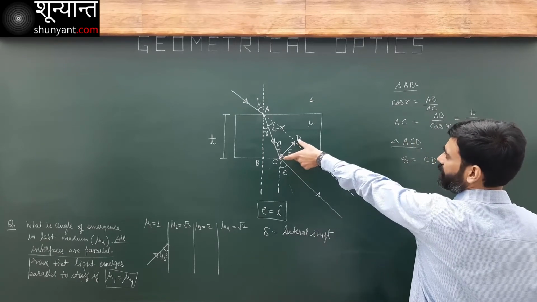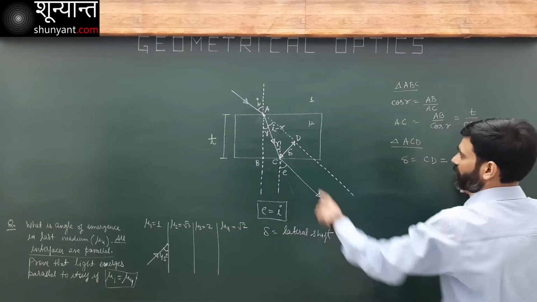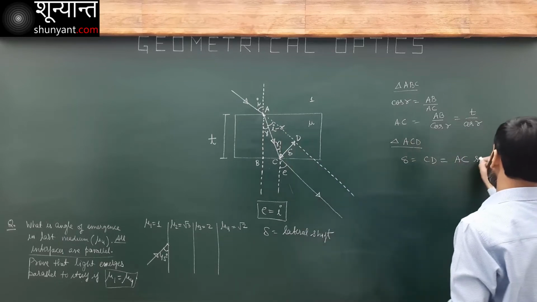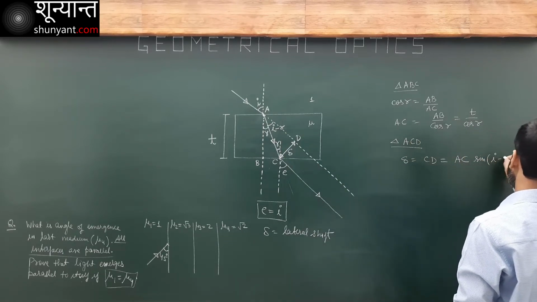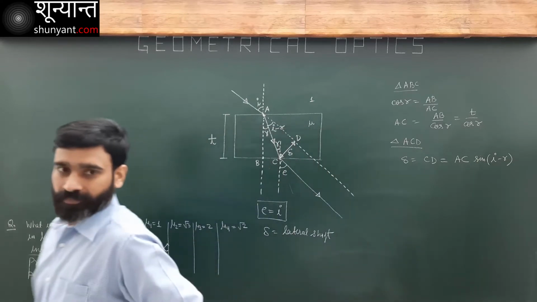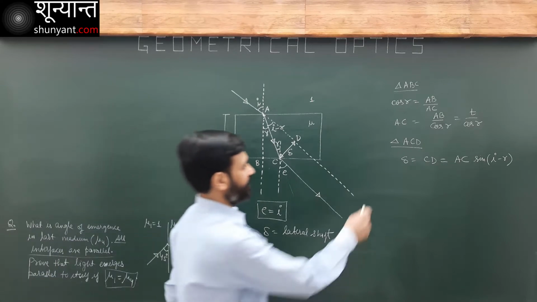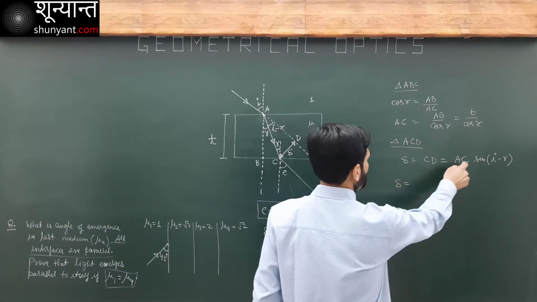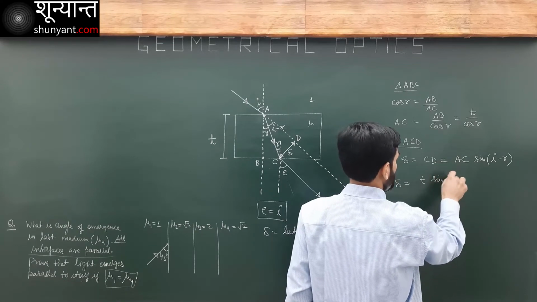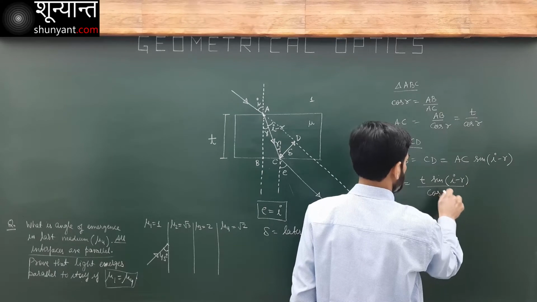This side CD is going to be equal to AC sine I minus R. Okay, and that's it. This is my lateral shift delta, AC times sine I minus R, so T times sine I minus R over cos R.